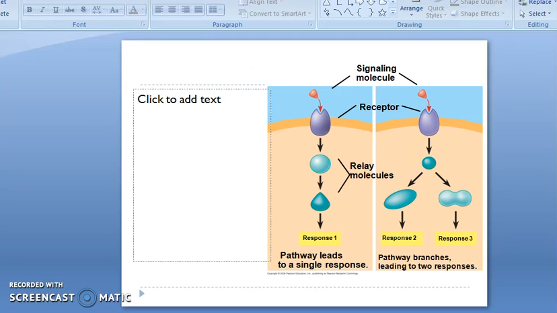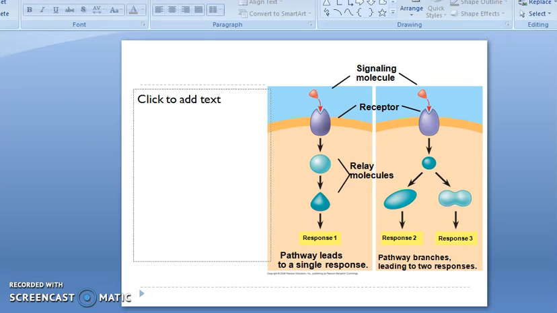This slide will show you the pathways and the type of response we get. It is not mandatory that once a molecule occupies its own receptor, it can produce only one response. Even multiple responses can be produced. For example, in this slide, you can easily identify a pathway leading to a single response.